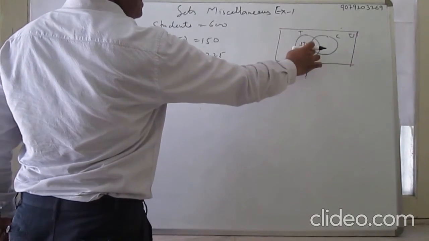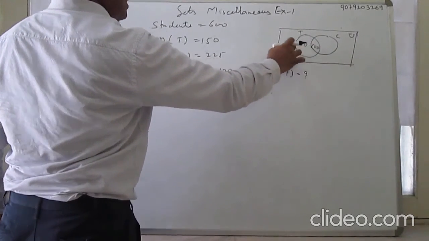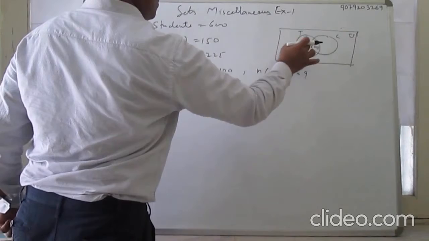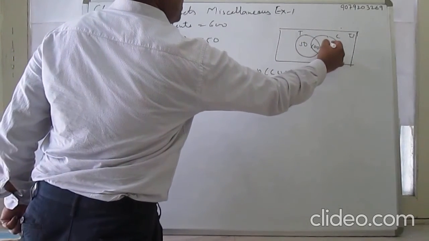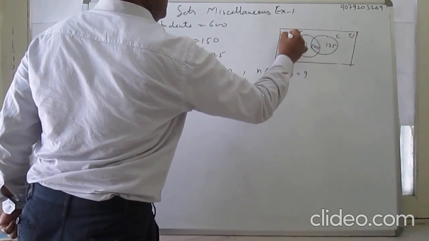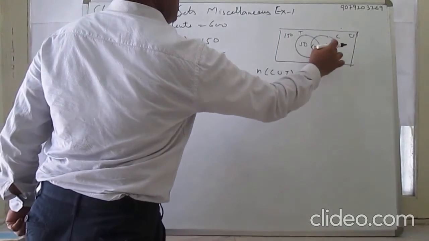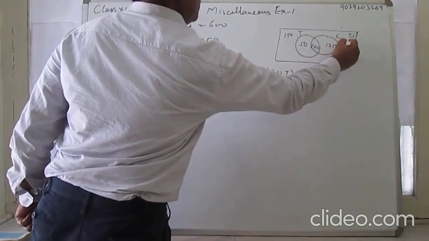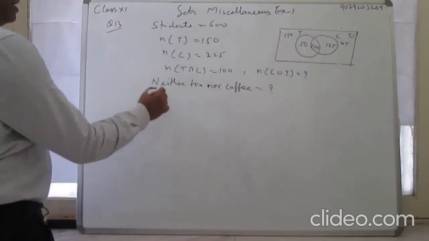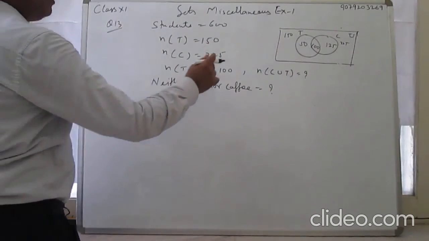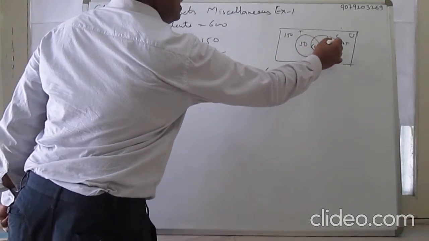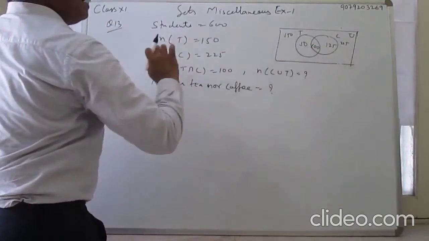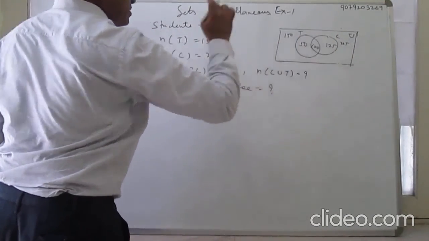Here 100 are taking coffee and tea both, only coffee is 125. Check it: both together make 150, and the other two together make 225. Now the persons taking tea or coffee is the sum of these three: 50, 100 and 125.